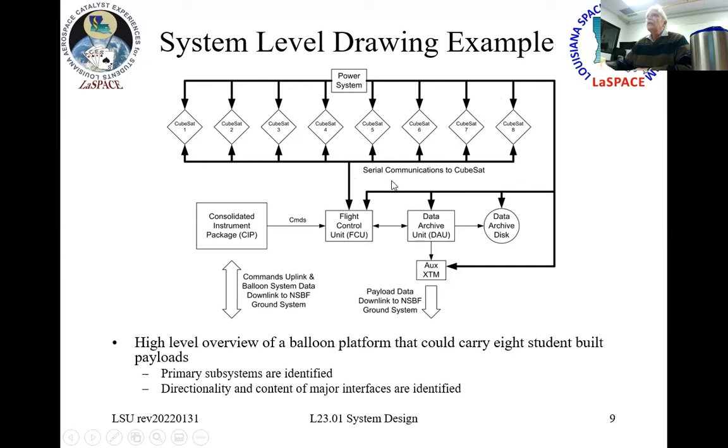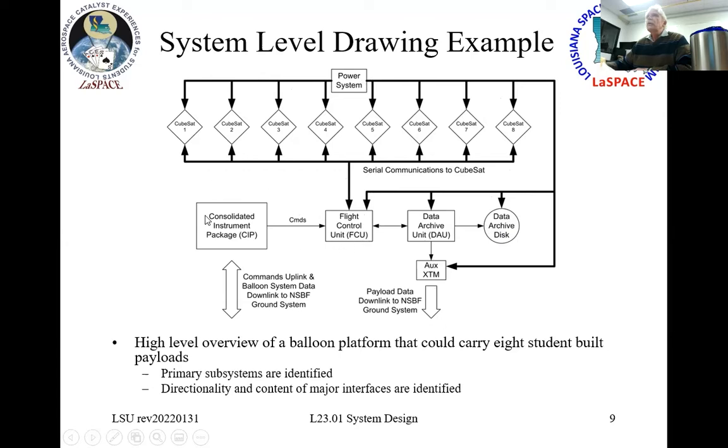And then in the flight instrument, there is some sort of a control unit. There is some sort of a unit that would archive the data. There is some sort of storage device. And there's an auxiliary transmitter that we would run to downlink data.